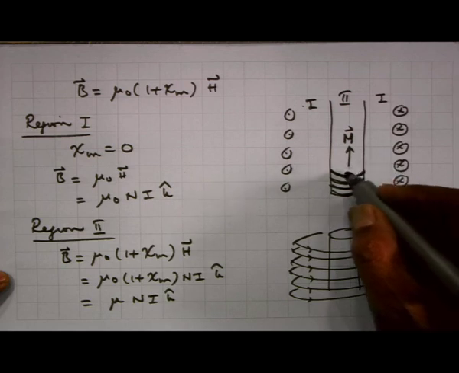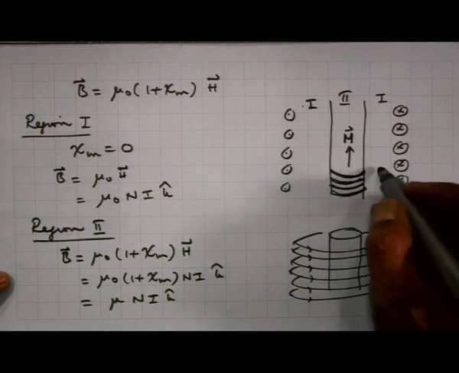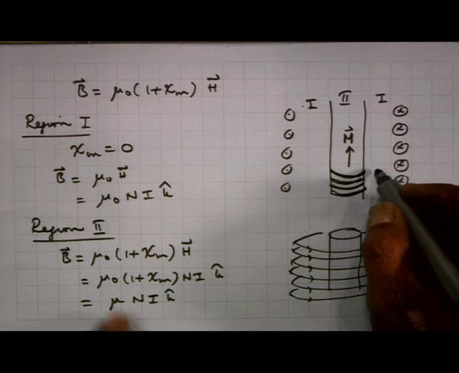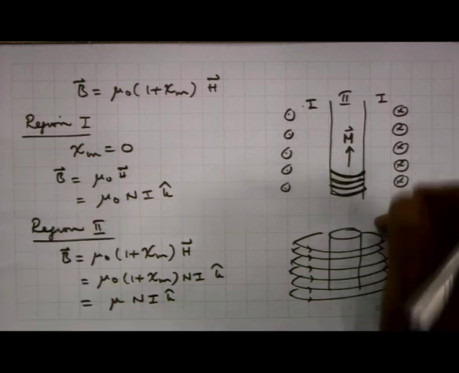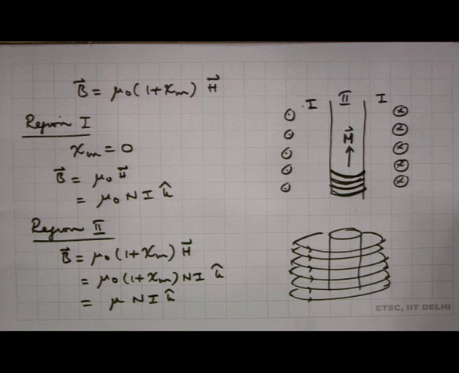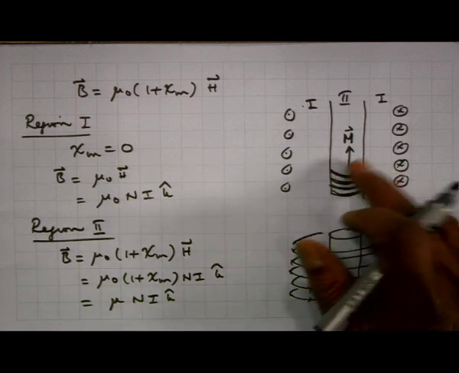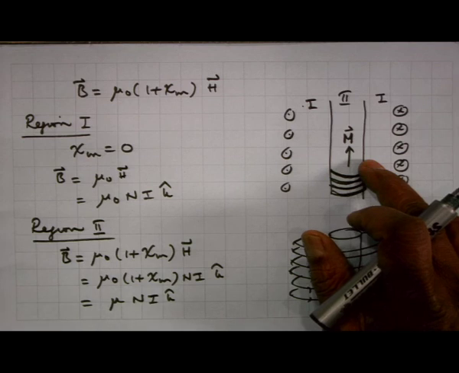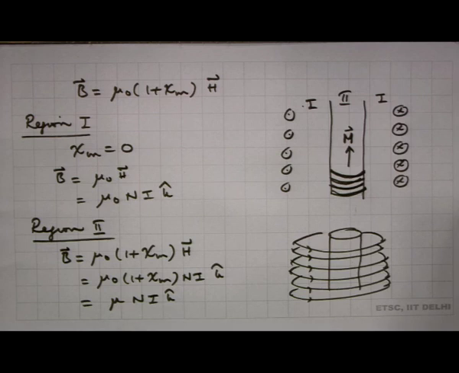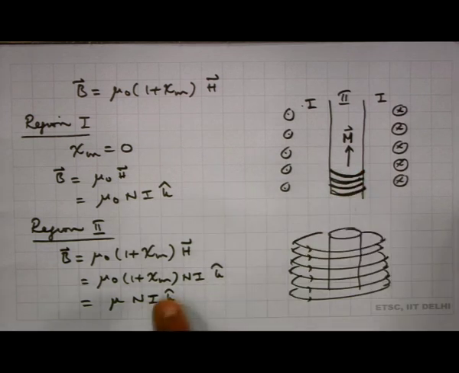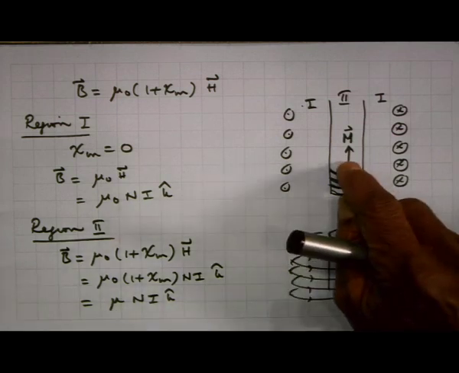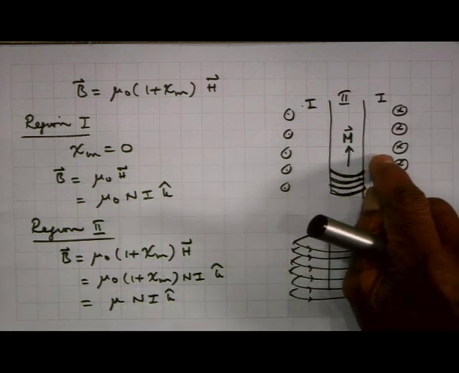So, the magnetic field inside the material is different from the magnetic field outside, and it depends on the difference between mu and mu naught. Of course, for paramagnetic and diamagnetic materials, mu is very close to mu naught. So, the magnetic field inside the material and outside the material are almost equal to each other, but slightly different. Now, it is also interesting to note that for diamagnetic materials, chi m is negative, which means that mu is less than mu naught, which means the magnetic field inside the material is slightly less than the magnetic field outside.